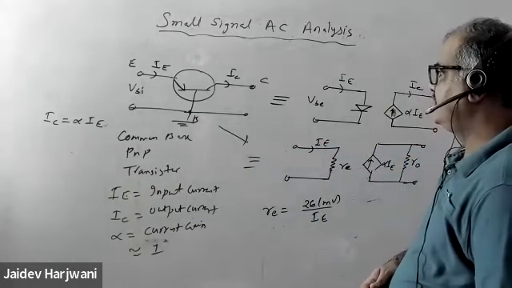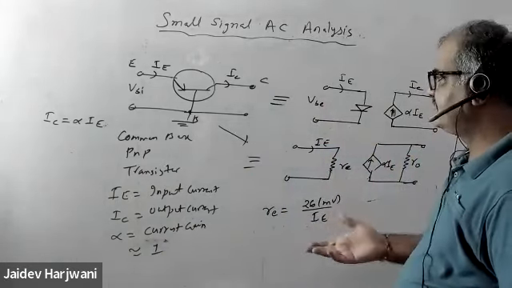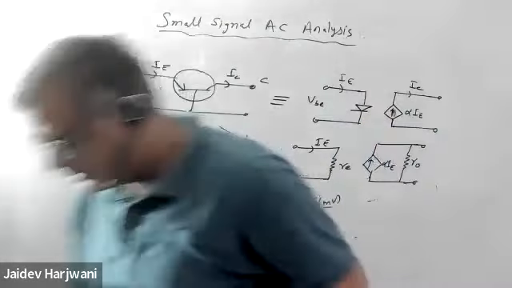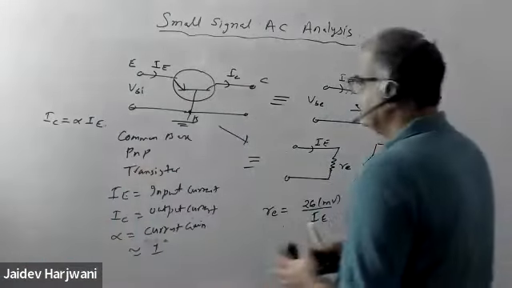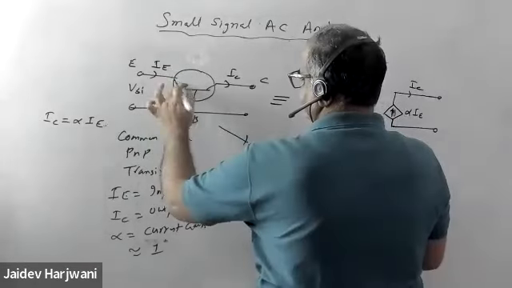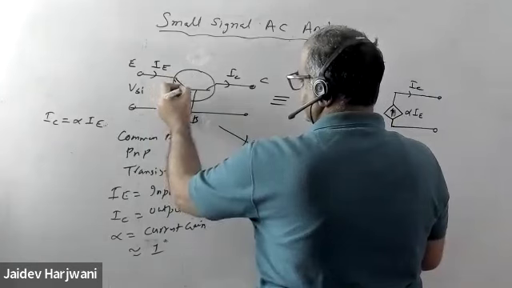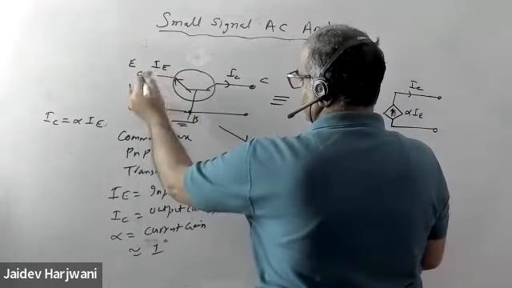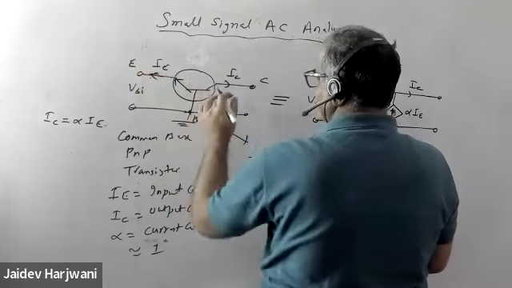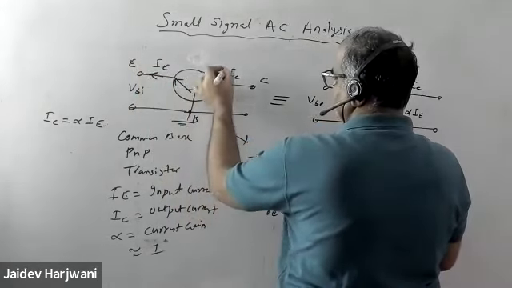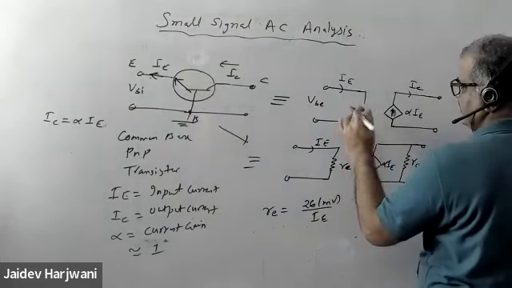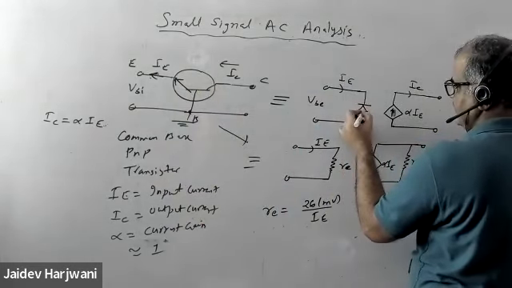Now suppose this is an NPN transistor, then you can reverse the polarities. The current direction will be like this outside. So this will be your IE going here, IC will be coming here, and this will be replaced like this.